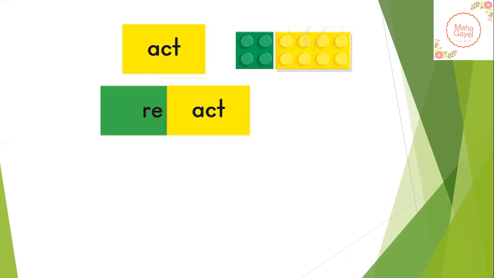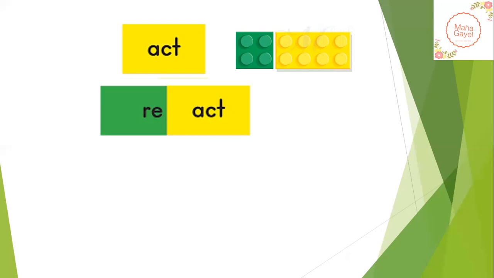So I'm going to add this prefix. I'm going to call the letter or group of letters that came before the root of the word the prefix. Let's see, does the word change? Of course it will change.